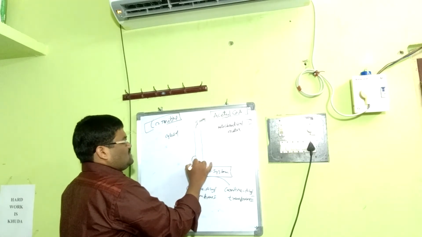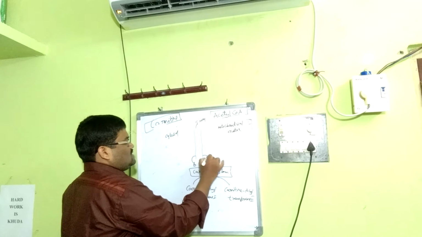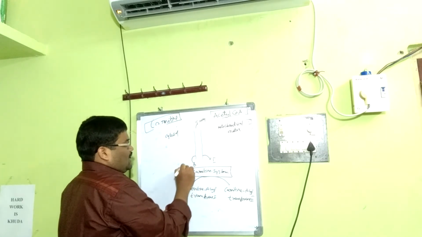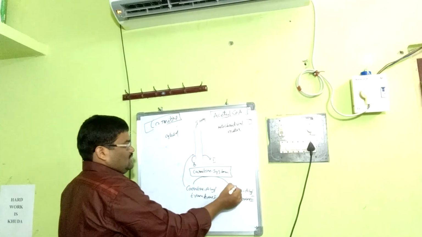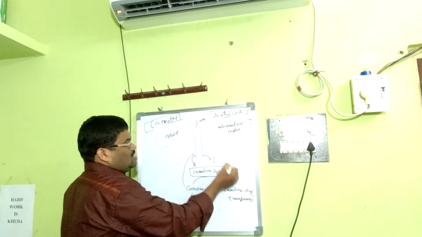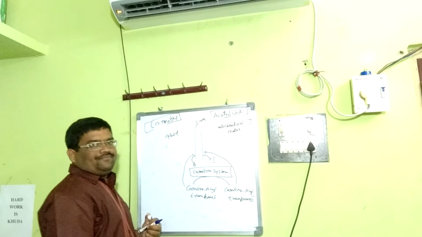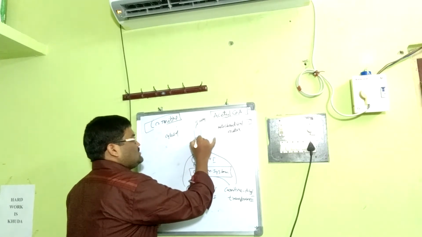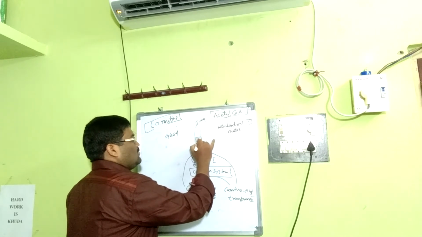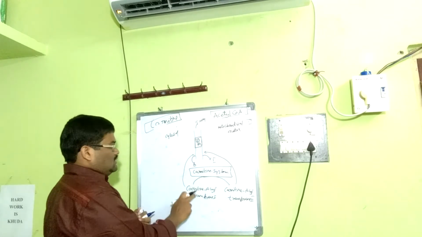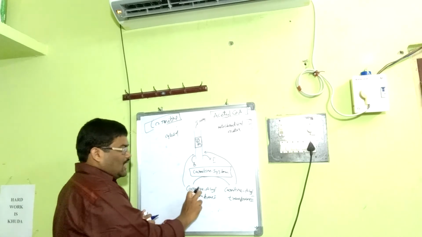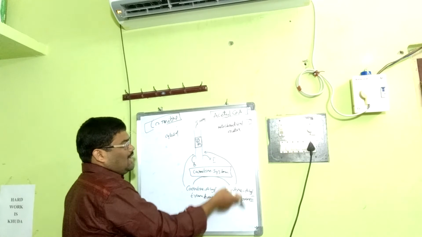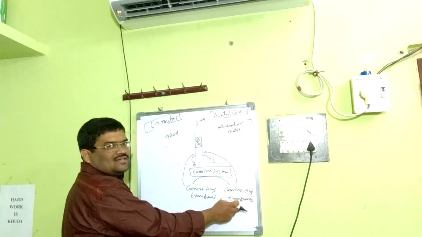This is one surface, the outer surface, and this is the inner surface. Carnitine acyl transferase 1 is located on the outer surface, and carnitine acyl transferase 2 is located on the inner surface. And here there is a specialized carrier protein. The first enzyme, carnitine acyl transferase 1, transfers from the cytosol, and the rest is taken care of by carnitine acyl transferase 2.